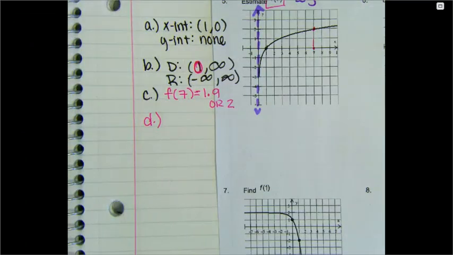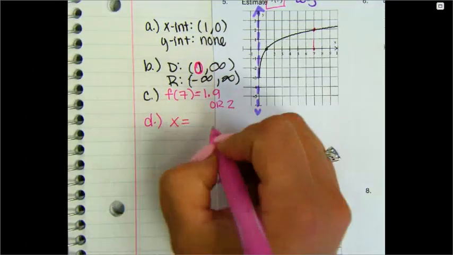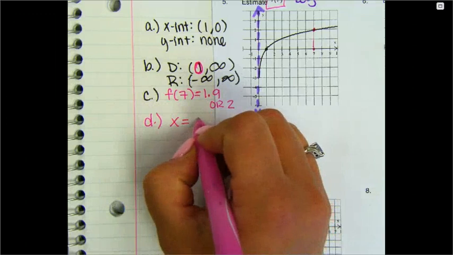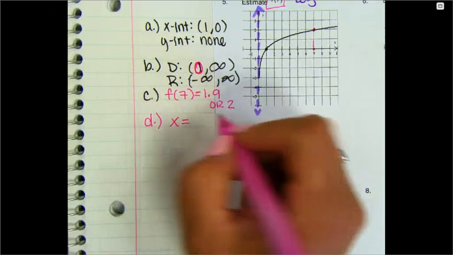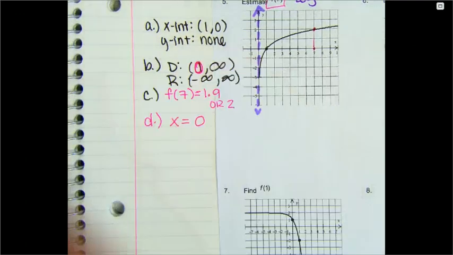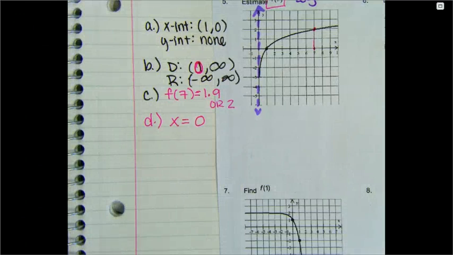On the other ones, remember it's your range, and that's why it's your asymptote again, because it's your range. And I just was writing and not thinking. I do that. What's next? X equals what? 0. Duh. Already wrote that.